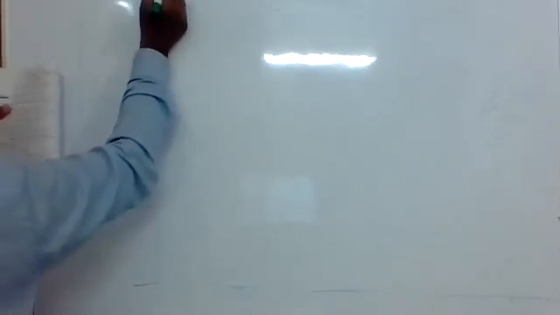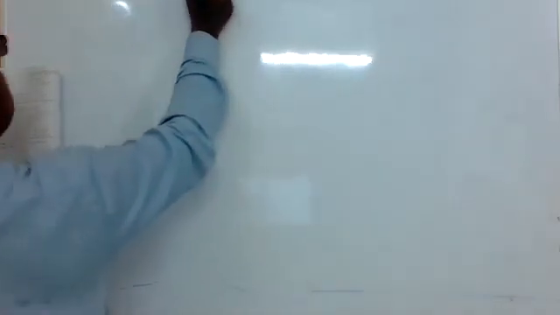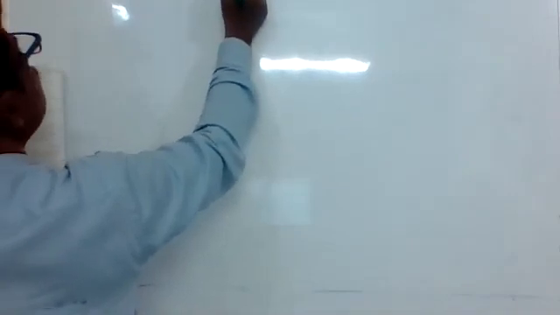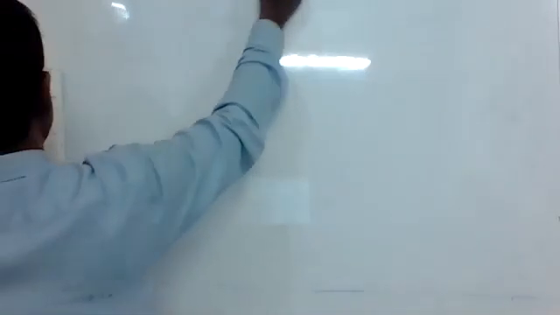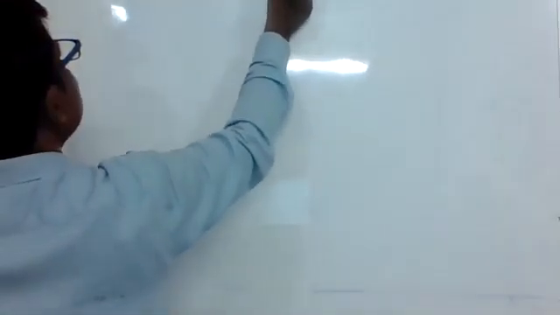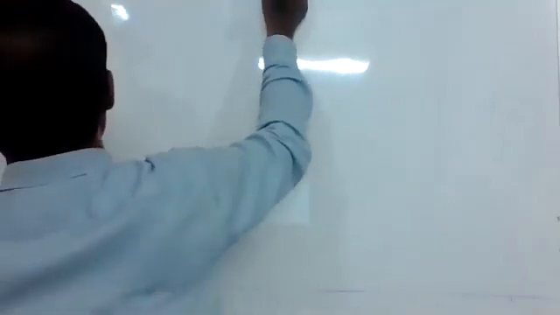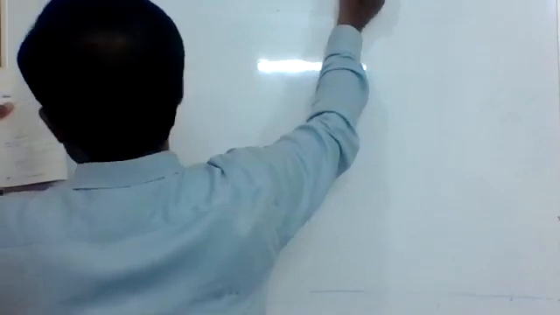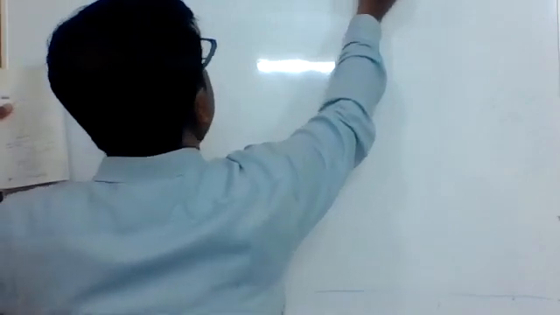Question is, check whether 1 upon 3 minus root 8, minus 1 upon root 8 minus root 7, plus 1 upon root 7 minus root 6, minus 1 upon root 6 minus root 5, plus 1 upon root 5 minus 2 equal to 5.